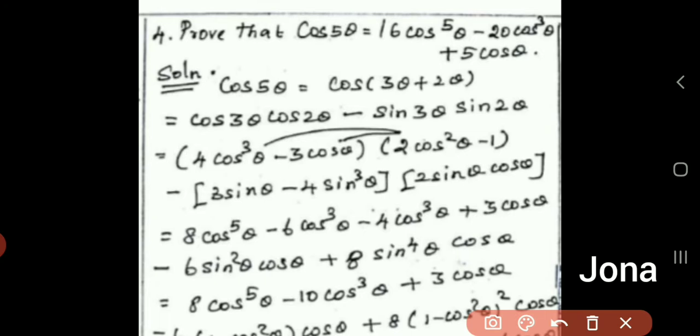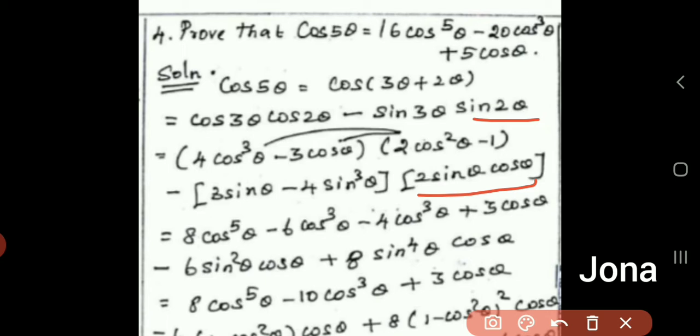And then for cos 2θ I have 2 cos^2 θ minus 1. For sin 3θ we have 3 sin θ minus 4 sin^3 θ. And then for sin 2θ, 2 sin θ cos θ. We are substituting 4 trigonometrical identities here.